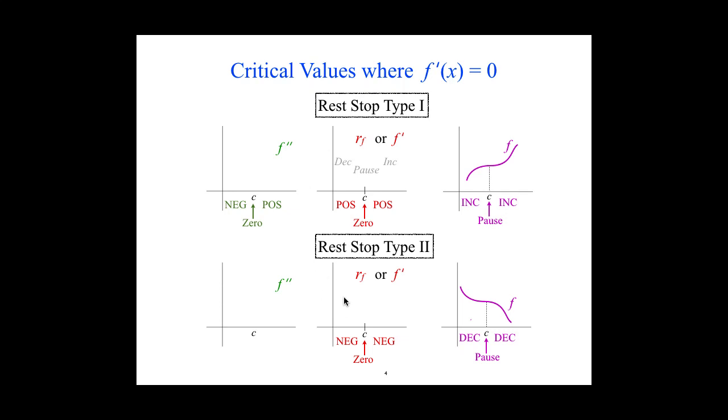Which would mean if I were trying to sketch this f prime function, it would have almost all negative y values. Just hit the x-axis right at c, and then go back down somehow or another. So in order to be negative and turn to 0 means that it's increasing, and then going from 0 back into the negatives means that this rate function is decreasing. So reverse sort of pattern as the one above, but increase, pause, decrease.